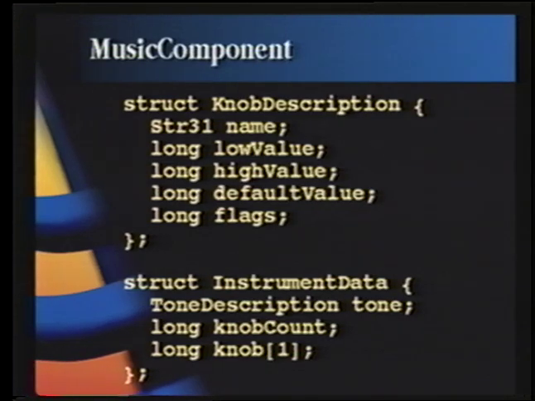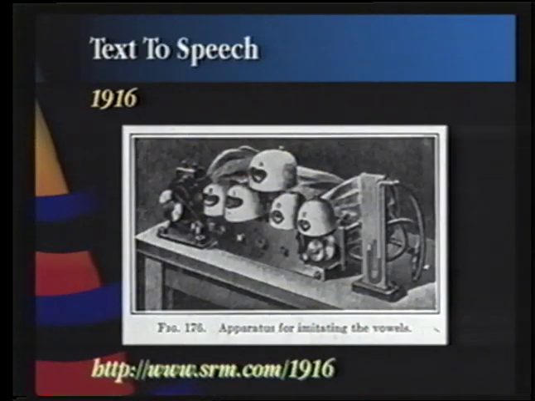And then there's the instrument data structure, which is the tone description and then a list of knobs and their values. So if you have a custom instrument for a particular synthesizer, you can embed that into a QuickTime movie in this format, and you'll get back your custom synthesizer parameters when you play the movie. And I think this is self-explanatory.